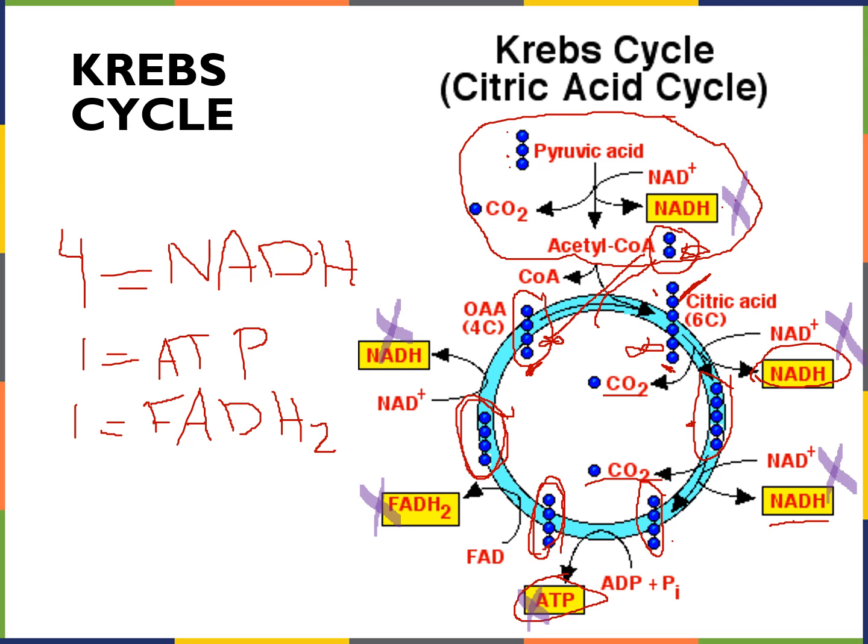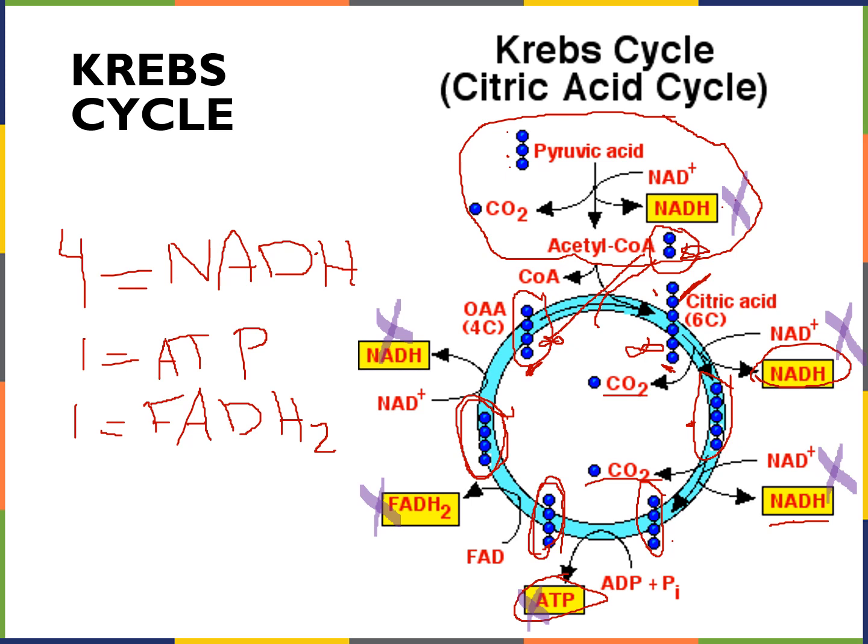And then if you were to go back and count the energy that was made during glycolysis, you make 10 molecules of ATP in glycolysis. You can easily figure this out by going back and counting the NADH that was made and the ATP that was made. So you make 10 molecules of ATP during glycolysis.